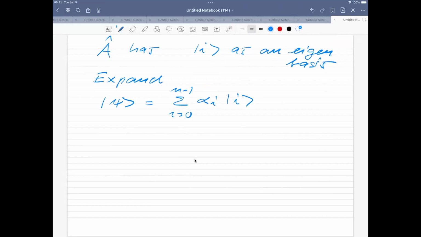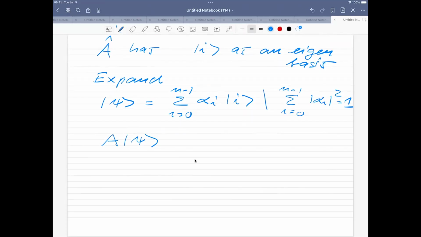There's also another assumption here, obviously, that the norm of that state, the sum from I equals 0 to n minus 1 of alpha I squared, is 1. And we want that one to be 1, for the state psi, okay?